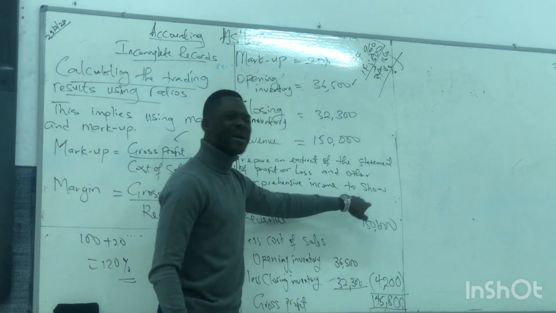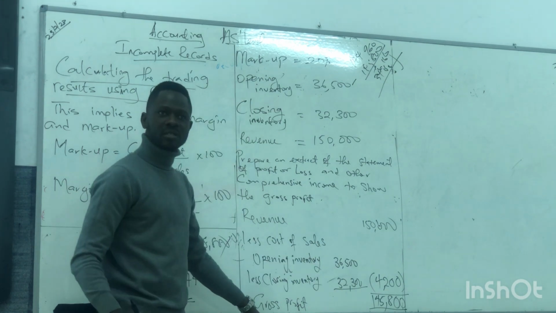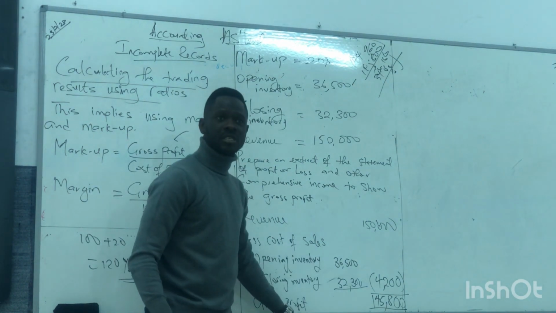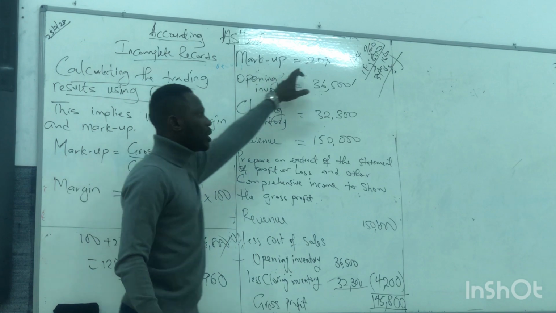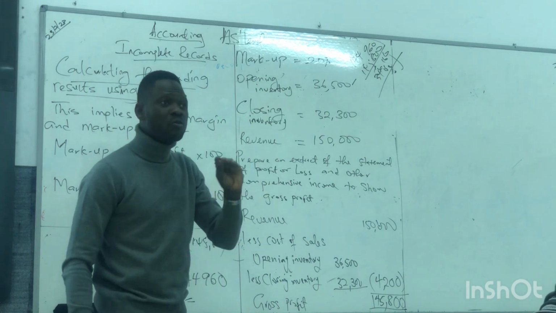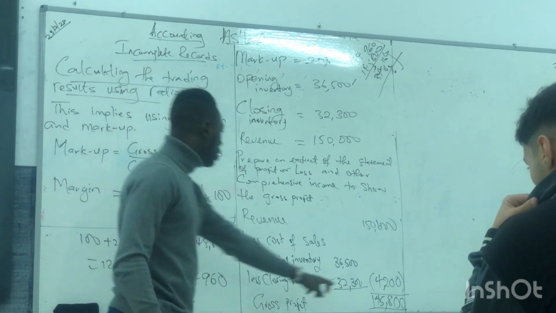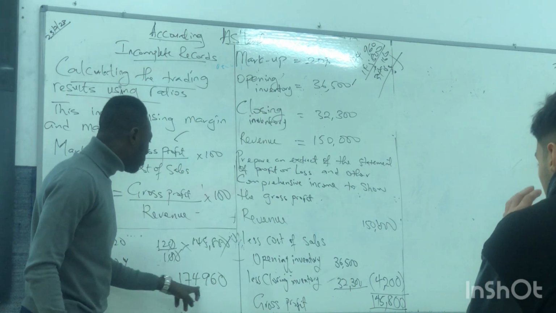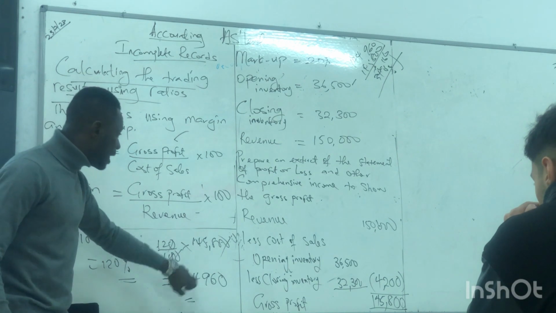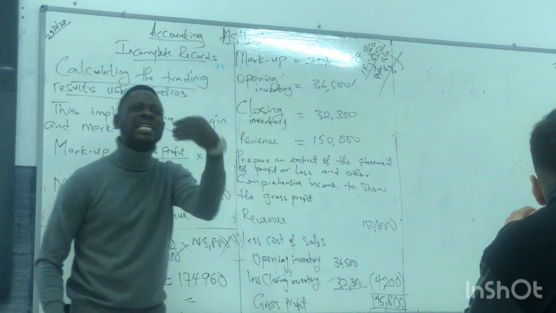Cost of sales minus your revenue gives you your gross profit. Now that we have a gross profit, we have a markup of 20%. A markup of 20% would mean 120%. 120% of gross profit gives us 174,960. So this minus this gives us the increase that we're looking for.